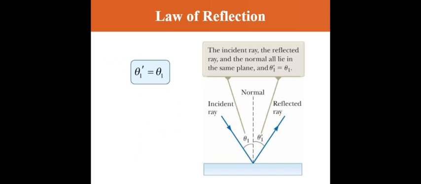But for the purposes of this course, where we're looking at specular reflection, where we are dealing with nice, smooth surfaces, we can always follow the law of reflection to understand how light's going to reflect off.